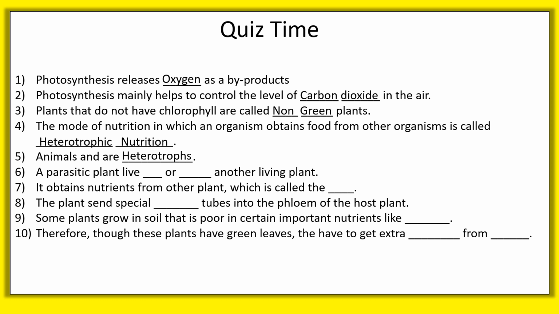Sixth, a parasitic plant lives dash or dash another living plant. The time's up and the answer is on or inside another living plant. Seventh, it obtains nutrients from other plants, which is called the dash.